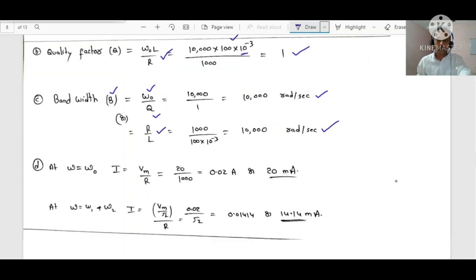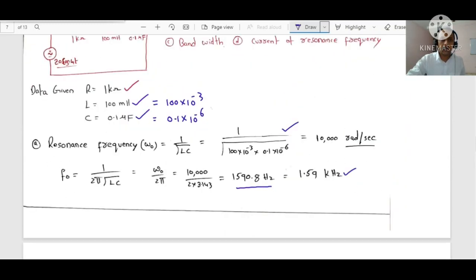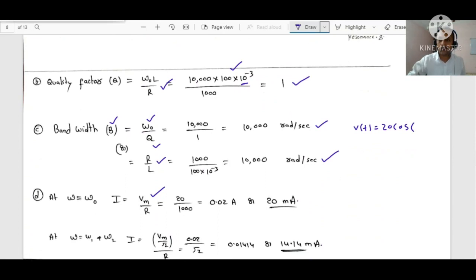Now what about current at resonance? Current I equal to Vm by R. From the given problem, what is the applied voltage? V of t equal to how much was given in the problem? 20 cos 4t.